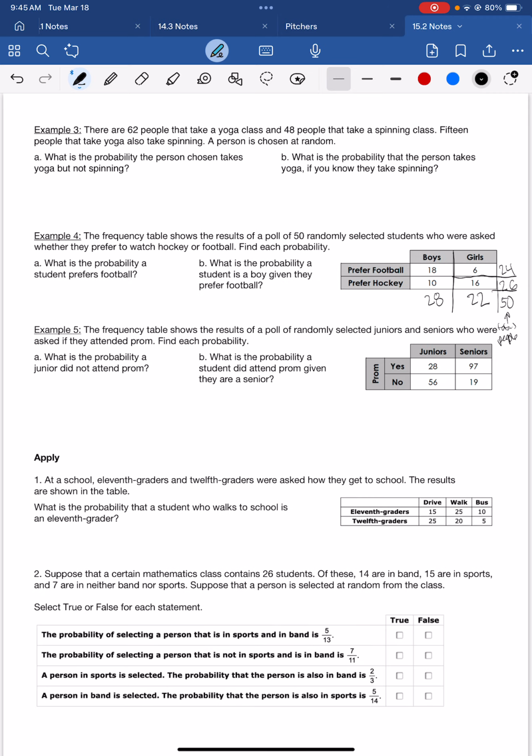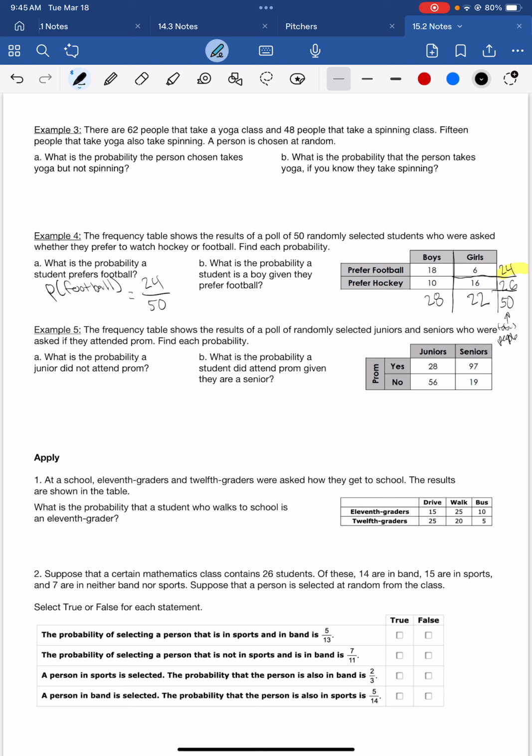So it says, what is the probability a student prefers football? Well, this would be the probability of football, we'll say. What we are going to do here is take the number of students that prefer football, which is 24, divided by the total number of students in the entire survey, which is 50.